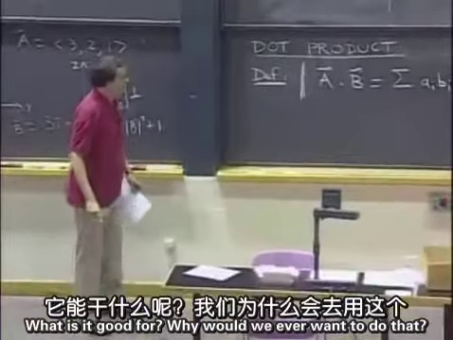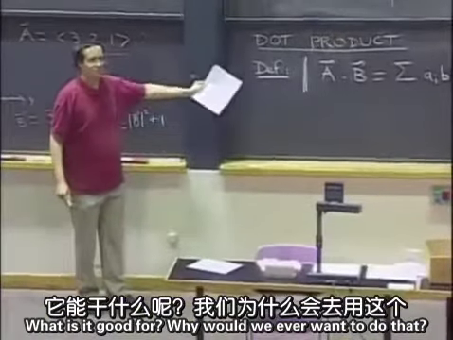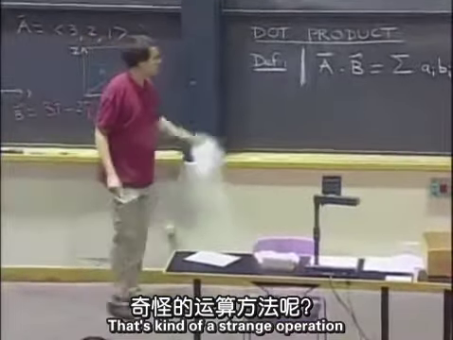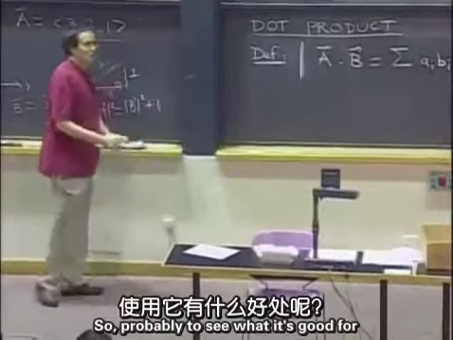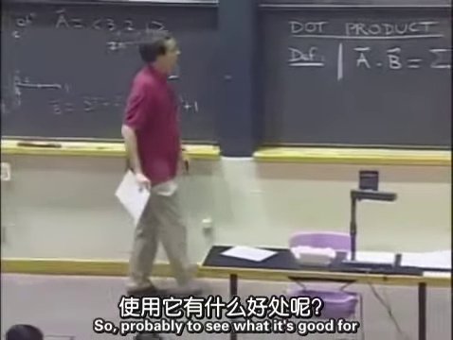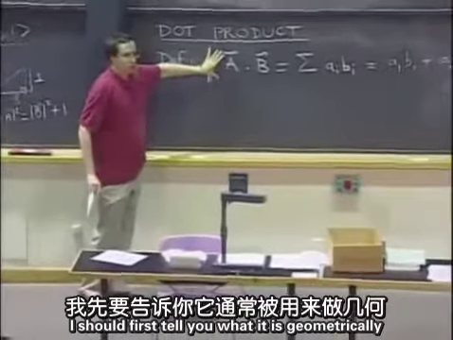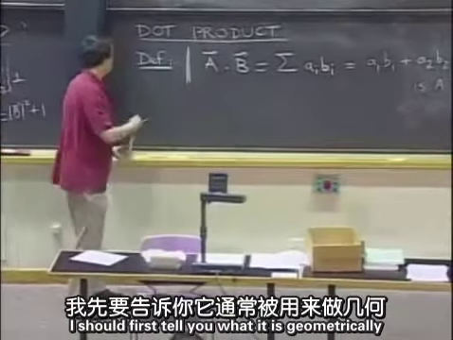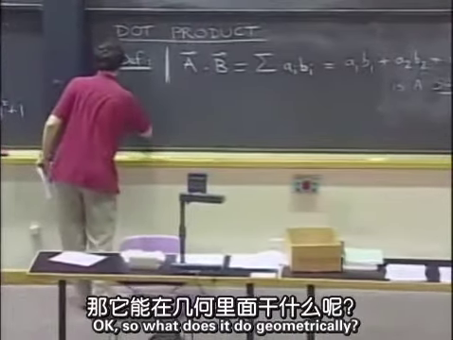What is it good for? Why would we ever want to do that? It's kind of a strange operation. To see what it's good for, I should first tell you what it does geometrically.